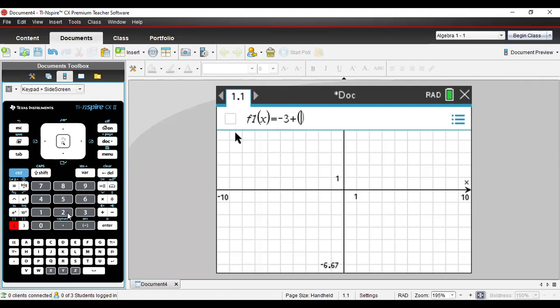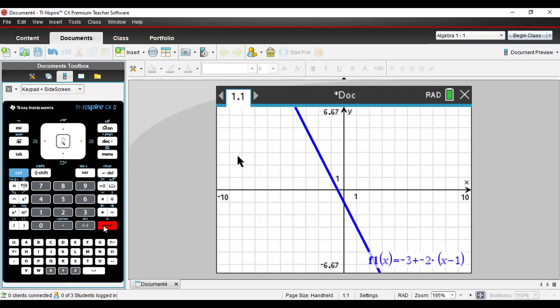This is a negative 2, close the parentheses, and then we have parentheses n minus 1. Of course, we can't use n. Remember, when you're doing functions, you can only graph x's, so we're going to make that n an x. So, a small little change, but it's important. And then we're going to do graph. All right, so it's a line, which we expect, but we're not sure if that's the right one.